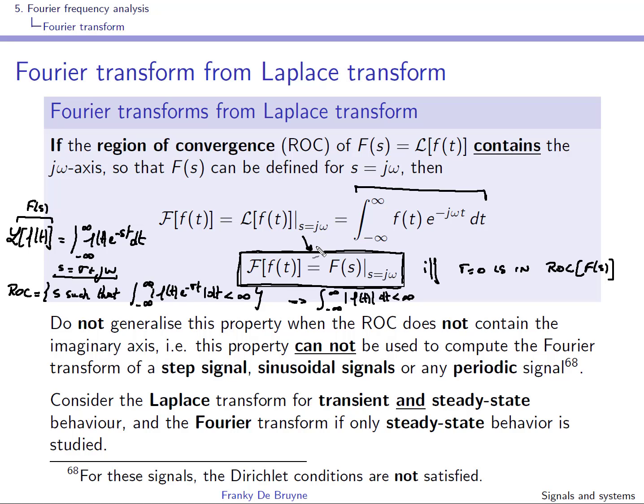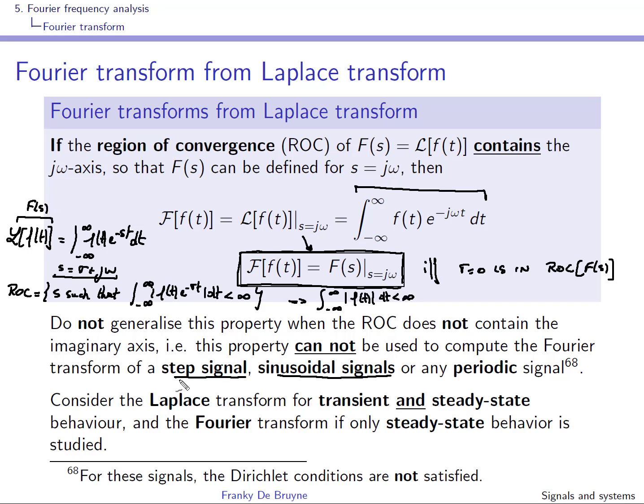There are a few Laplace transforms that you know and that we use quite often. The step signal, for instance, and the sinusoidal signals have Laplace transforms with regions of convergence that do not contain the imaginary axis.